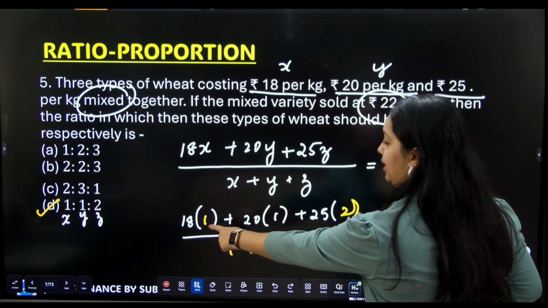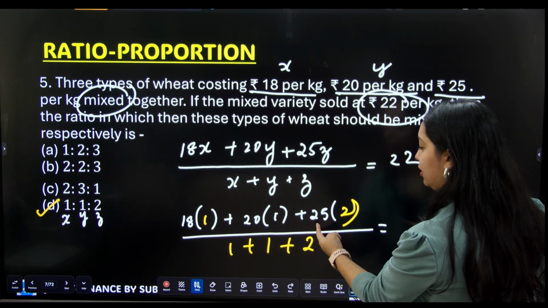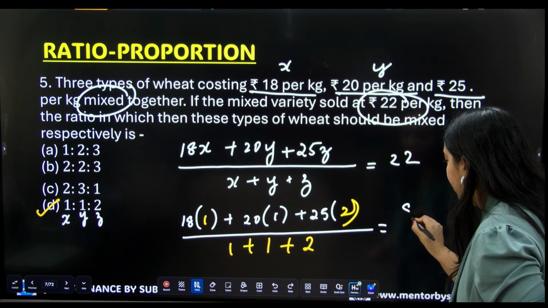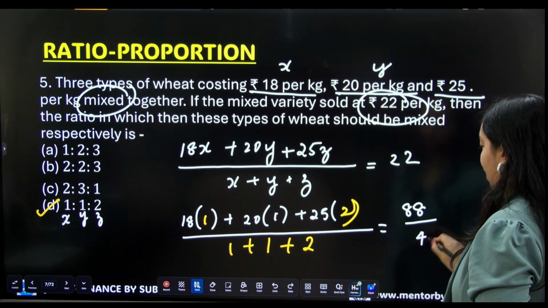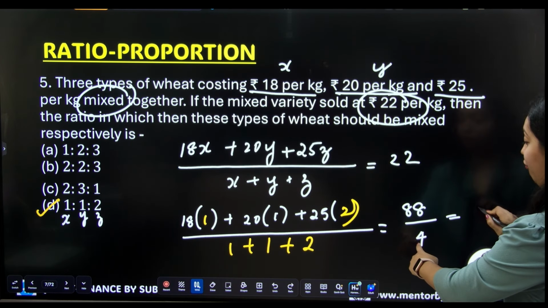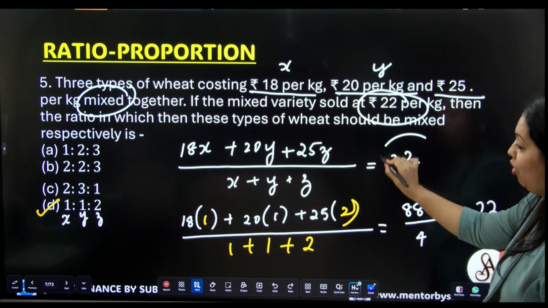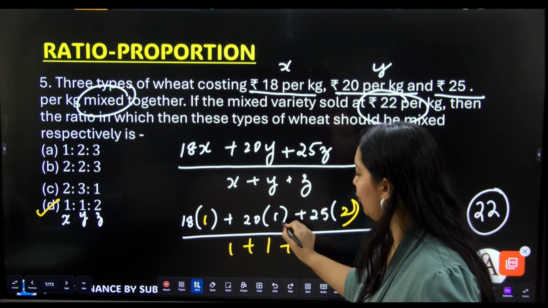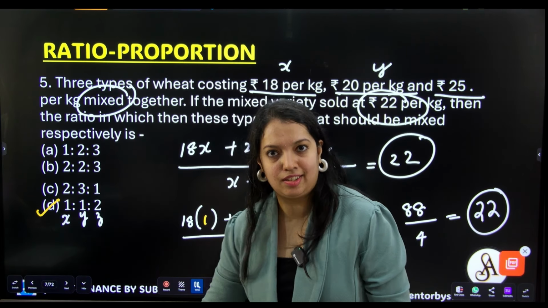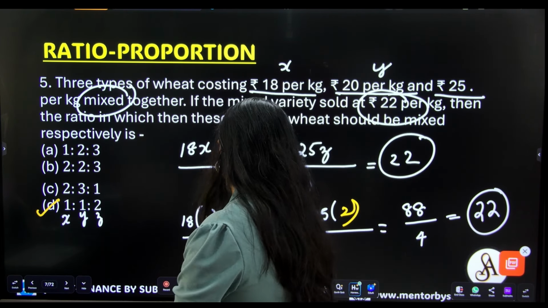Check this out. 18 ones are 18 plus 20 plus 25 twos are 50. I'm getting the numerator value as 88, divided by 1 plus 1 plus 2, which is 4. 88 by 4, I got 22. I wanted 22 on the right hand side. Whichever option, 1, 1 and 2, gives me the right hand side as 22, that option is correct.